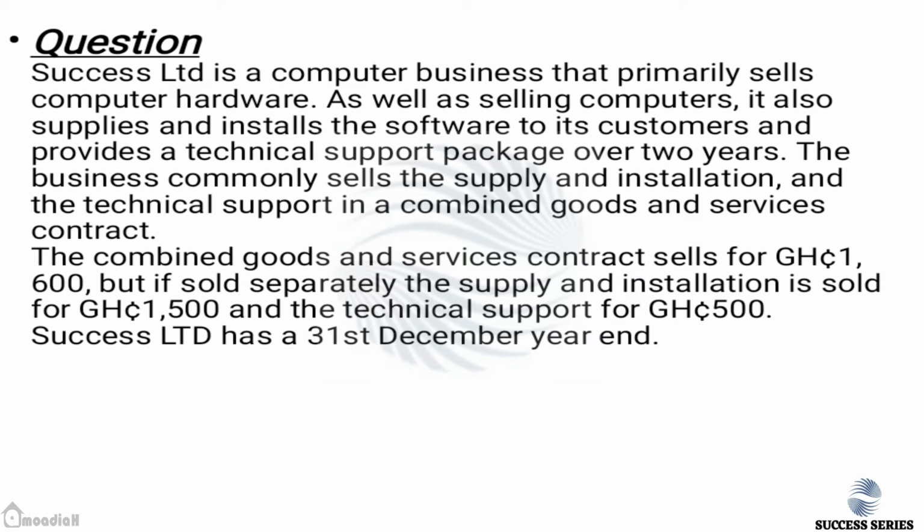The business commonly sells the supply and installation and the technical support in a combined goods and services contract. The combined goods and services contract sells for 1,600 Ghana cedis, but if sold separately, the supply and installation is sold for 1,500 and the technical support for 500.